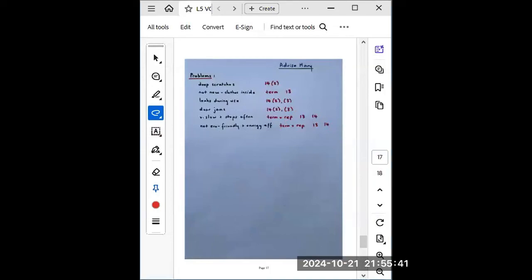Okay, so once you've done that, we can now plan the answer. You see, I've written down the problems our client is complaining about. I've written down the aspects of law that we need to discuss in relation to each of those complaints. Now I know we've been asked to check on possible breaches of sections 13 and 14 of the Sale of Goods Act. I'm trying to plan my answer here.